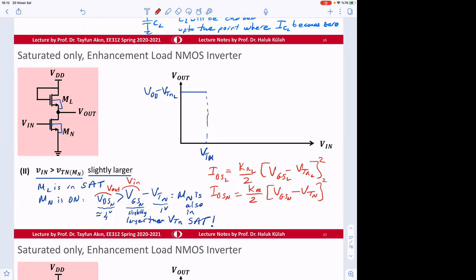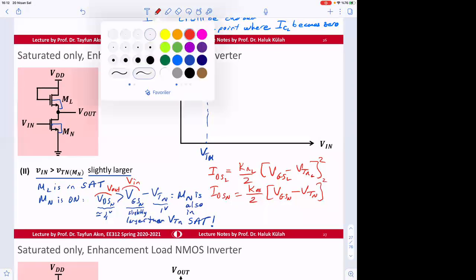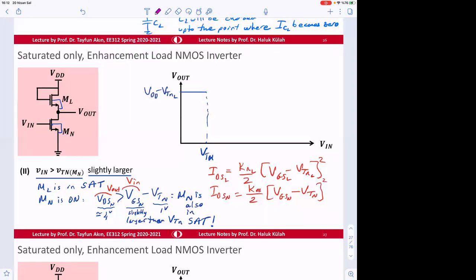We know that the electrical connection forces them to be equal to each other. So I ds of L should be equal to I ds of N. If you look at this, this is equal to this one.